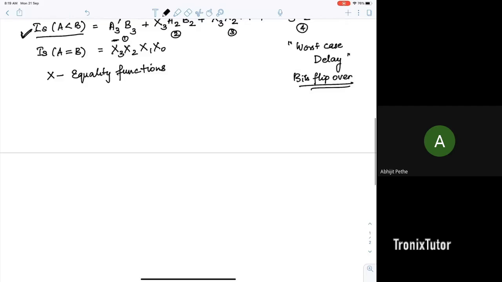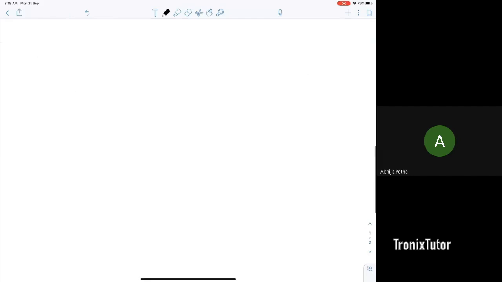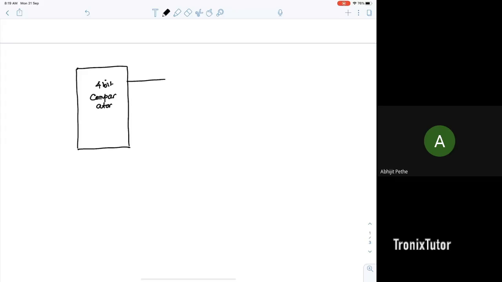Okay, so again, remember how the magnitude comparator looks. This is going to be the block diagram of the magnitude comparator. Let's call it a 4-bit comparator. It has three outputs: A greater than B, A less than B, A equal to B. And it is going to have two 4-bit inputs, A and B. Sometimes you can have an enable signal.